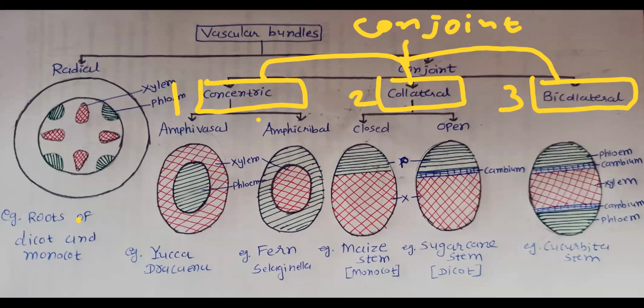How many are clear with the concentric type in amphivessel and amphicribal, respectively in Euca stem and fern stem? If it is not clear, at least you have to let us know that you are not clear. Oh, it seems it is clear. Done.